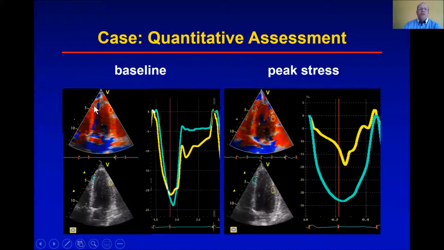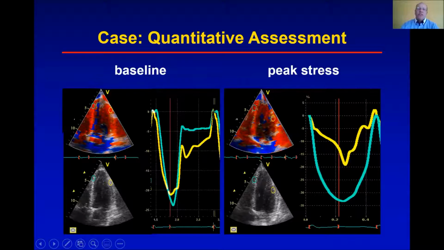You see that this is a completely normal shape with a peak at systole, which is the red line here, so that's absolutely fine. And during peak stress, you see that in the same region you suddenly see a reduction of strain and a post-systolic strain occurring, while the remote region still shows a normal pattern with a peak at end systole.